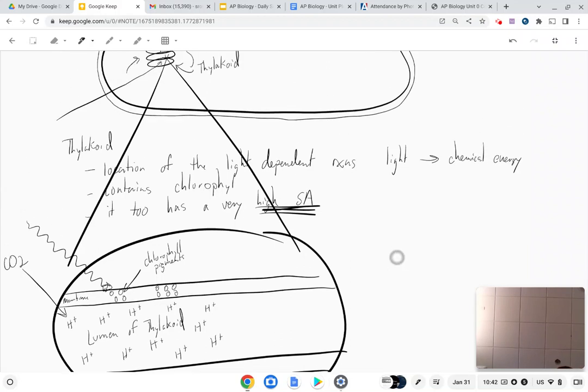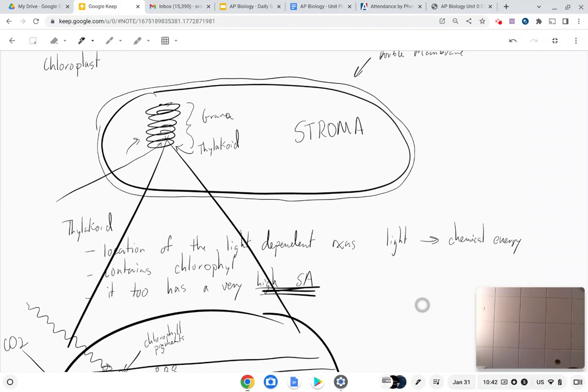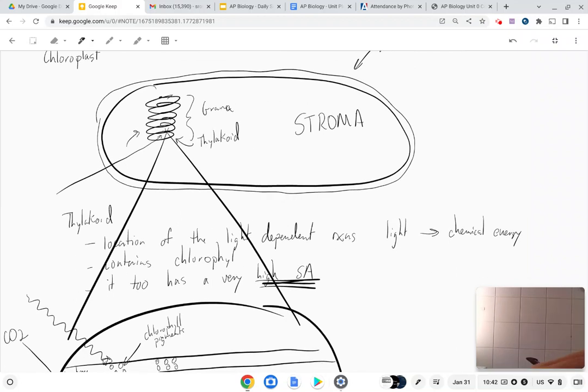Okay, well, what about in here, this space, the stroma? What's going on over here? So as we said, we've got the light-dependent reactions taking place in the thylakoid, which means that we have the light-independent reactions taking place in the stroma.